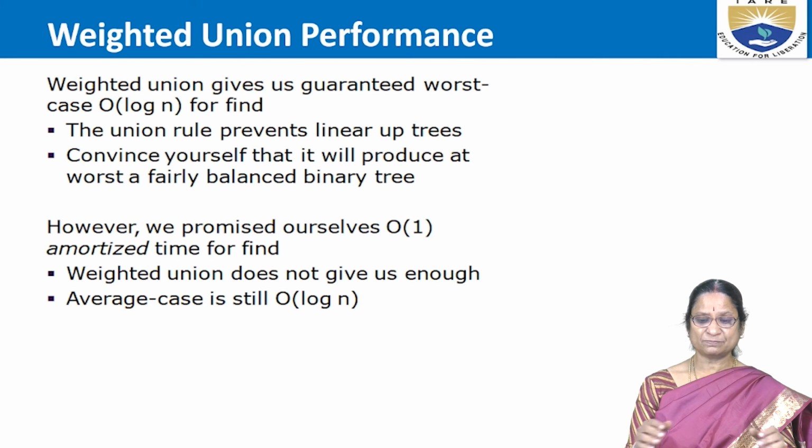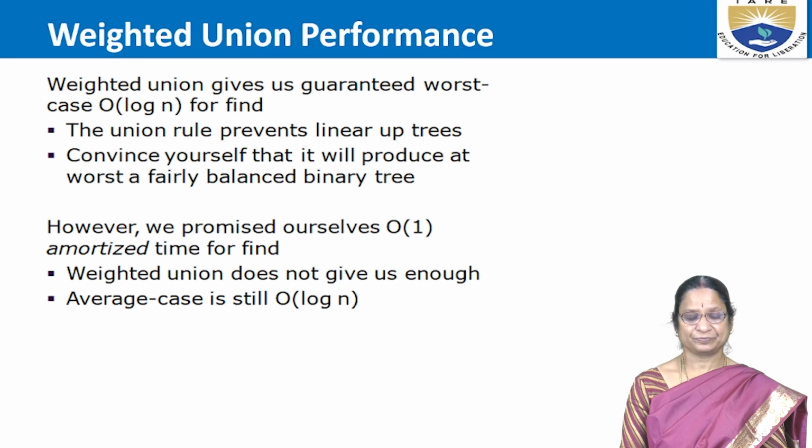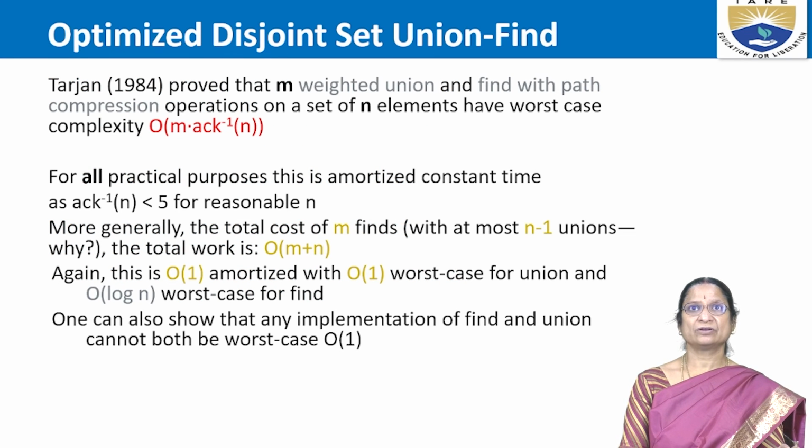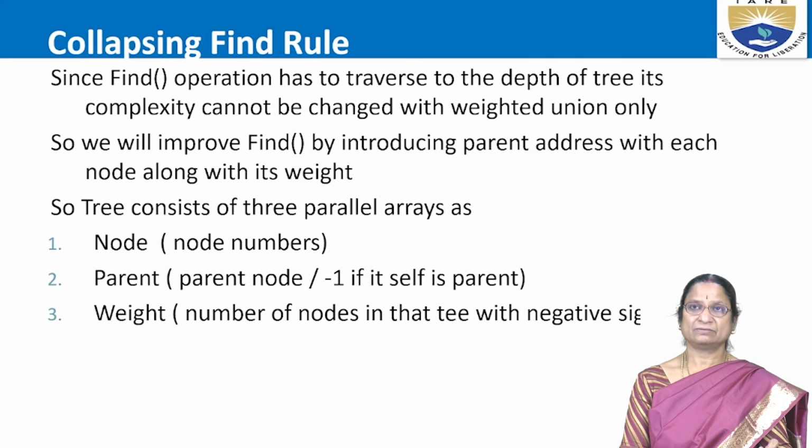The average case is still order of log n for the find algorithm. When using this optimized disjoint set union-find, it was proved in 1984 that M weighted union and find operations with path compression on a set of n elements, in the worst case as well as the average case, keep the height of the tree nearly 1.